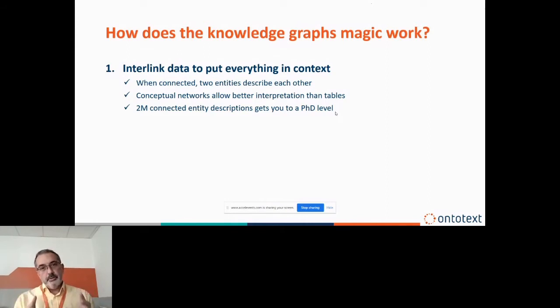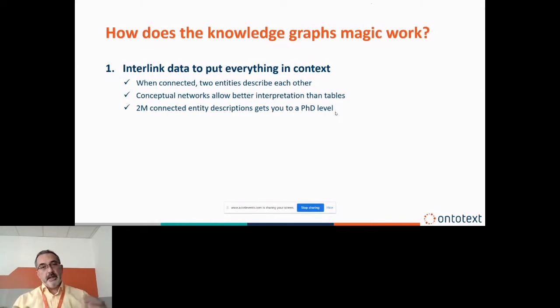So when you have two entities which describe each other, they both have better description compared to taking their descriptions in isolation without the reference. Conceptual networks, when you have plenty of concepts or entities put together, allow for much better interpretation of this data and application of much more interesting algorithms as compared to what we can do with tables.